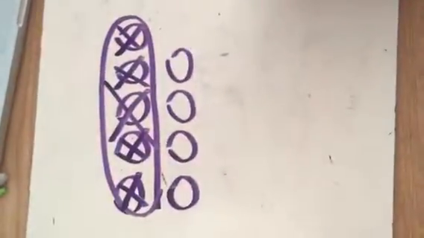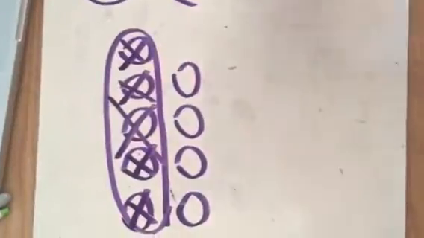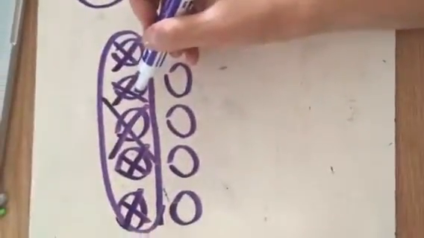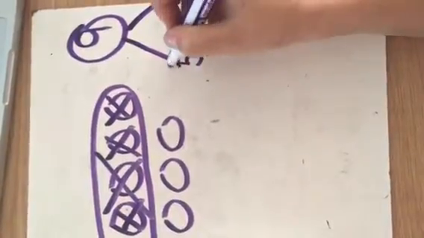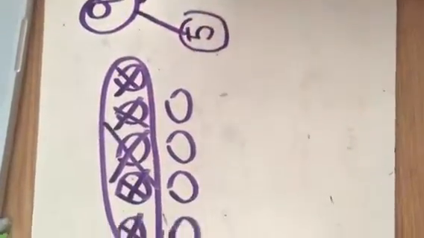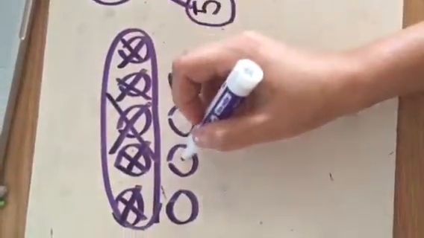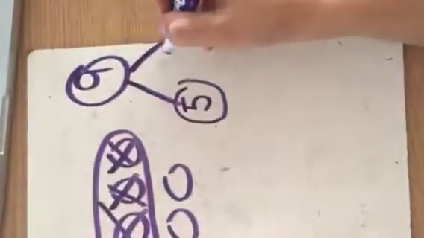Okay. How many did Hannah have left? So I'm going to look at my one set of 5, and I'm going to put that down here in my number bond. That's how many I took away. And how many did I have left? 1, 2, 3. That's right, I had 4.